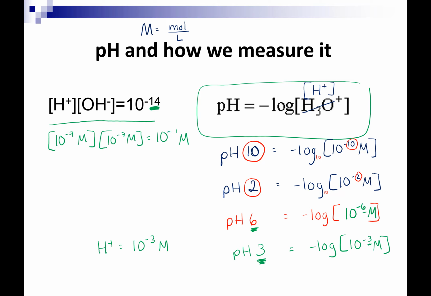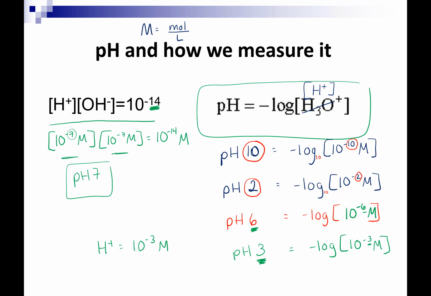That's by definition neutral. And so we'd have the same concentration. So at neutral, what's our pH? Our pH is 7.